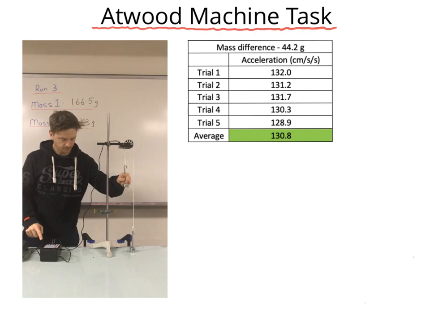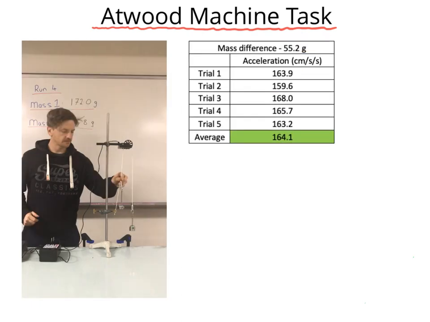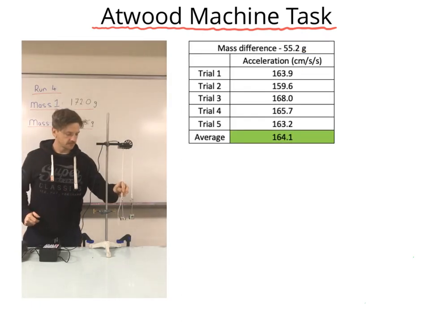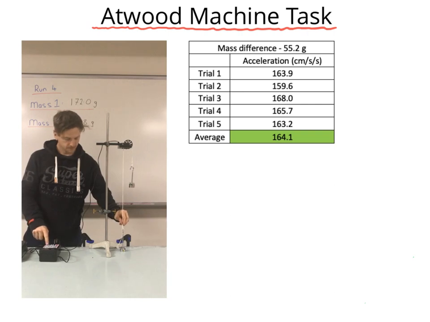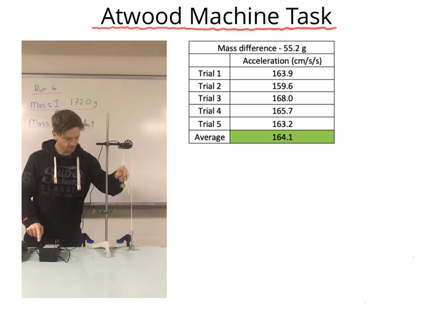The mass difference for this run was 44.2 grams. The smallest acceleration recorded was 128.9 centimetres per second, and the greatest 132.0. The mass difference for this run was 55.2 grams.